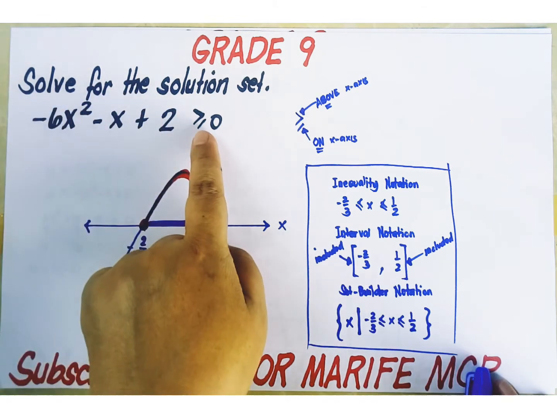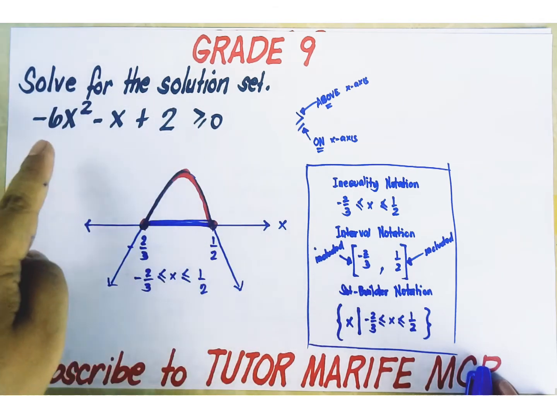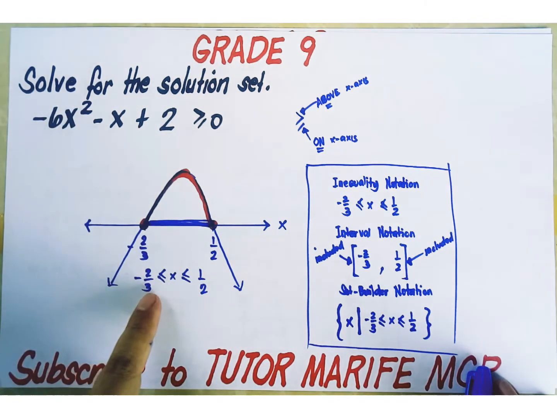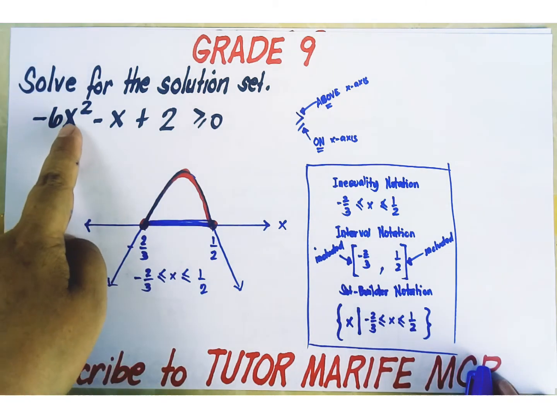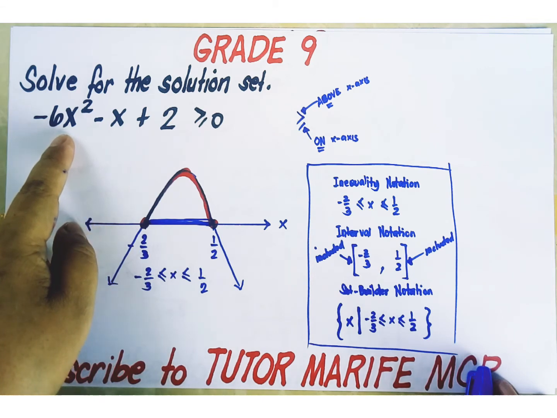And if you plug in the endpoints of the interval, for example, negative 2/3, the left side is exactly equal to 0. And this makes the equal symbol true. Let's try. If x is negative 2/3, x squared is 4/9. And what is 4/9 times negative 6?